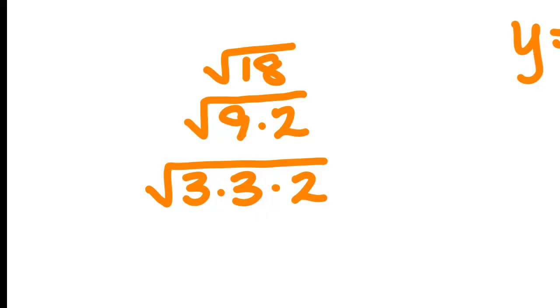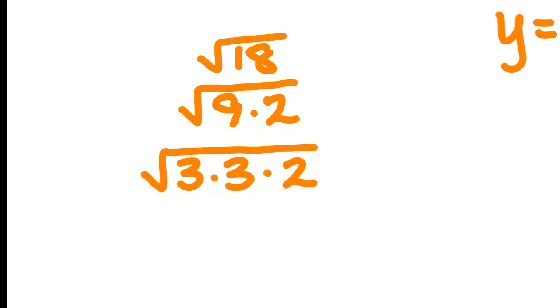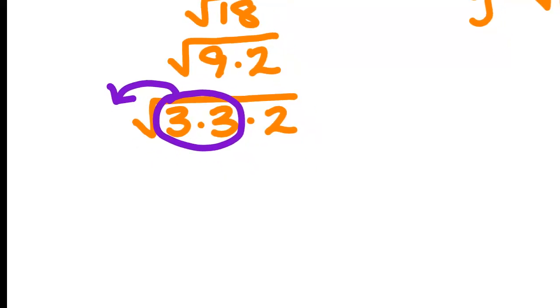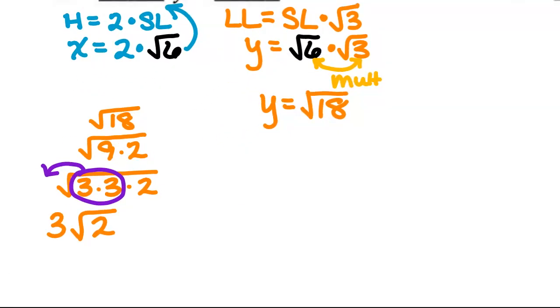So 3 times 3 times 2 gives me 18. So I still have radical 18 underneath my square root sign. I have a pair of 3's. So that means it can come out to the front. So 3. And then the 2 is still underneath the radical. So Y equals 3 radical 2.